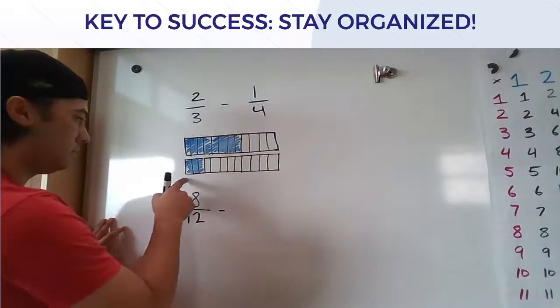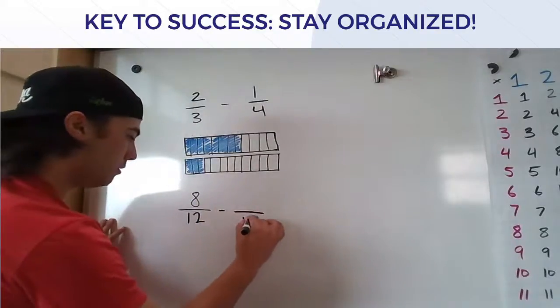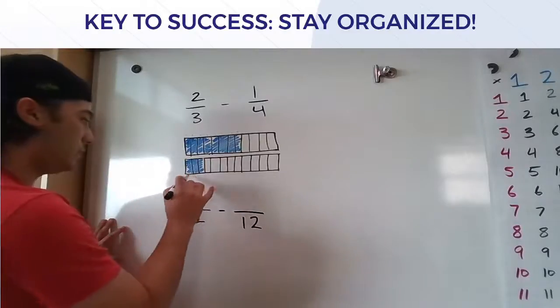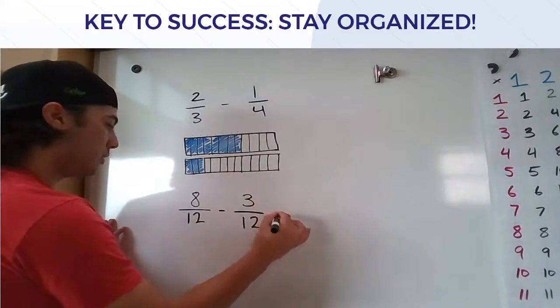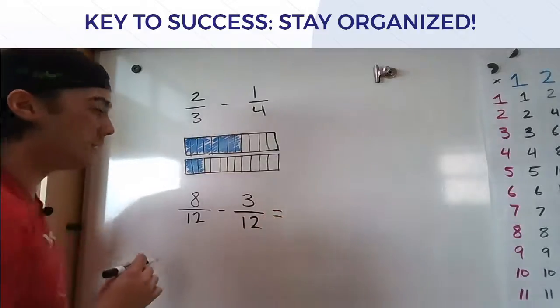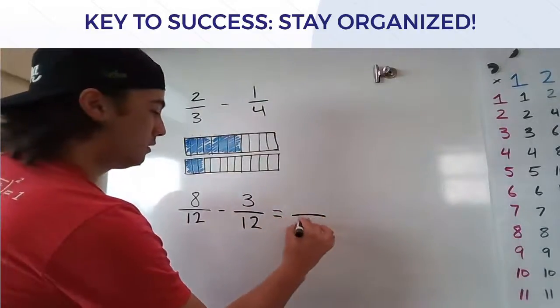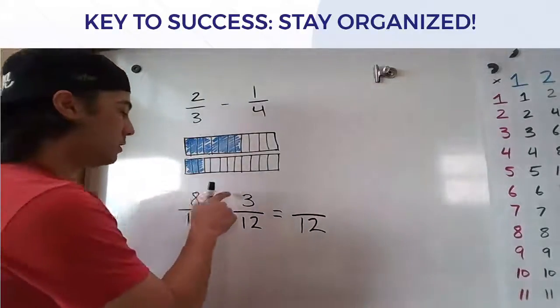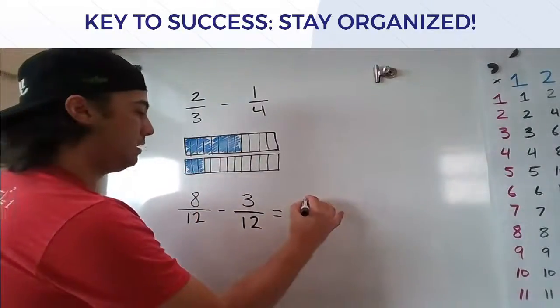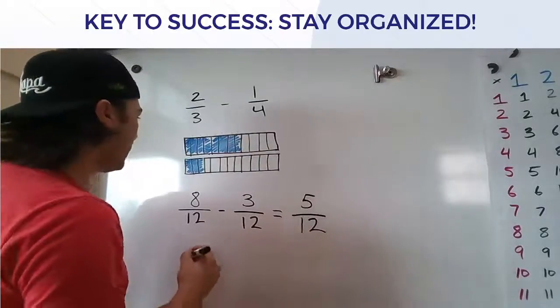Minus 12 in our denominator. And how many pieces shaded in? What's our numerator? 1, 2, 3. 8/12 minus 3/12 equals, denominator stays the same because we're not changing the size of our piece. Subtract the numerators. 8 minus 3 equals 5. And you can see that here.